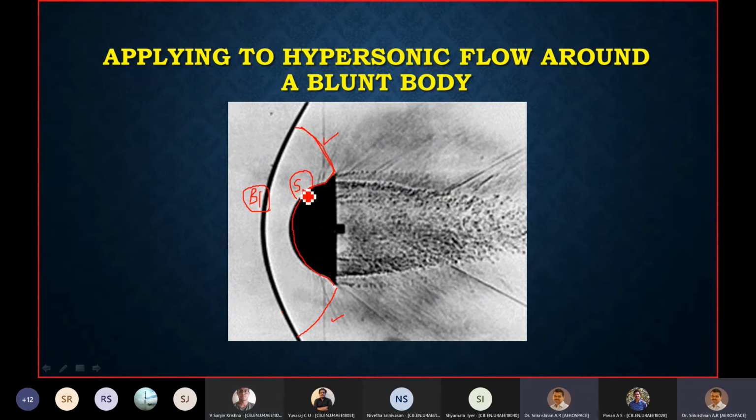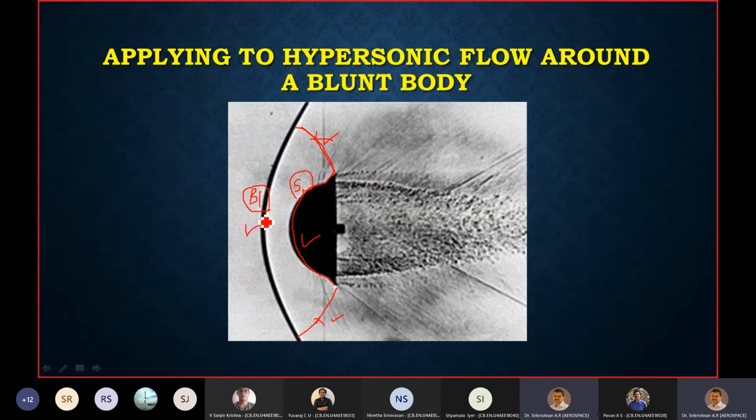So these are the boundaries, forgetting about the lateral directions, though wherever it makes sense, I can apply it accordingly. But primarily, the flow boundaries are the shock and the body itself.